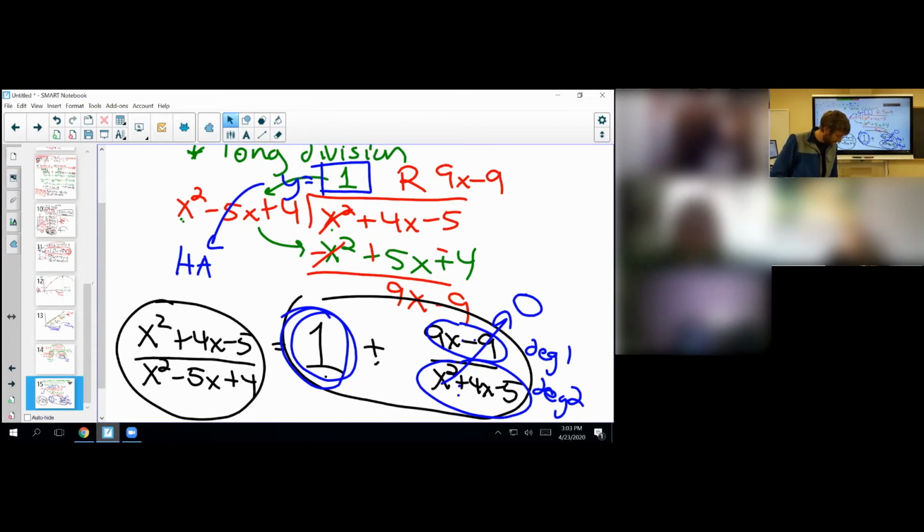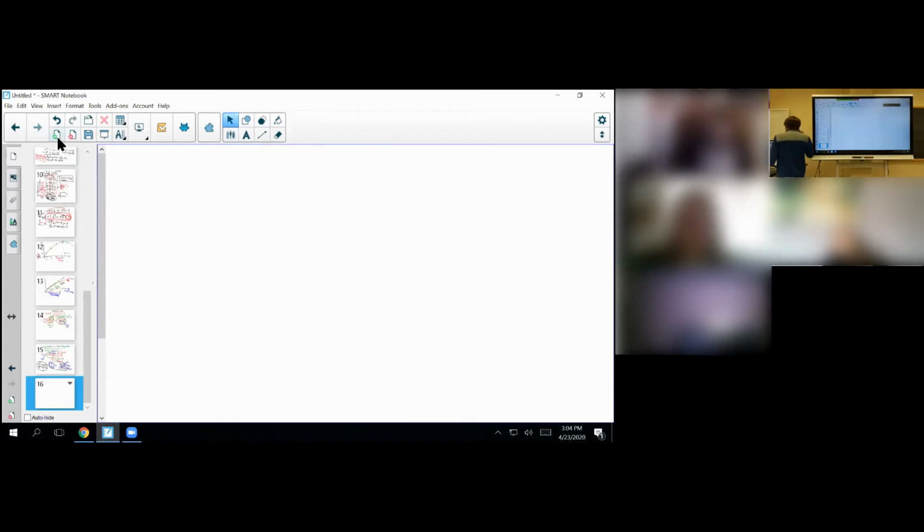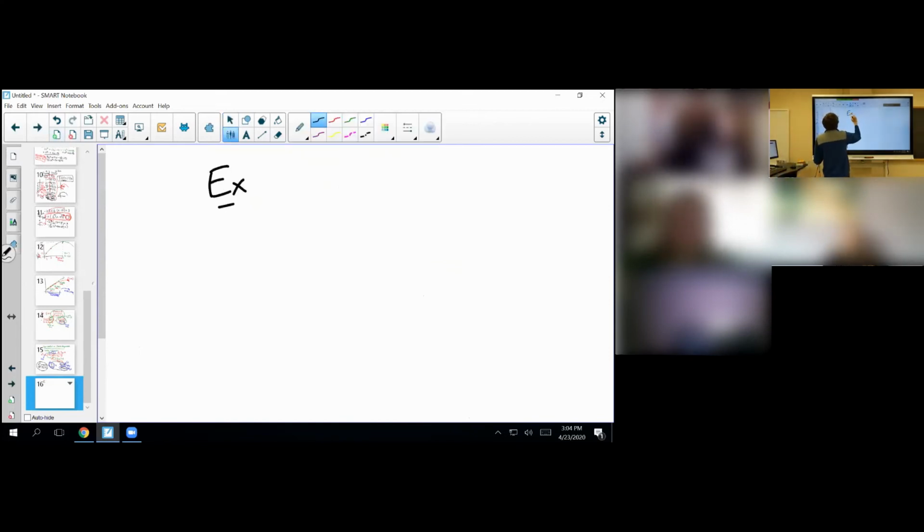Okay, so that's basically everything: the x-intercepts, the vertical asymptotes, the horizontal asymptotes, and the holes. Let me do another example, maybe an example with a slant asymptote. Let's start a new page.